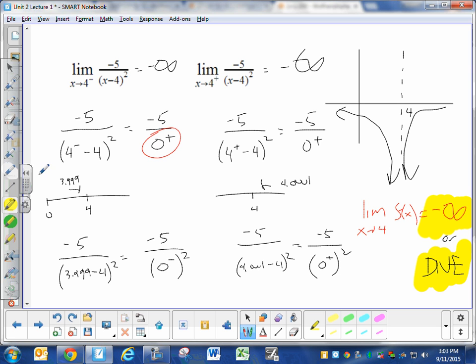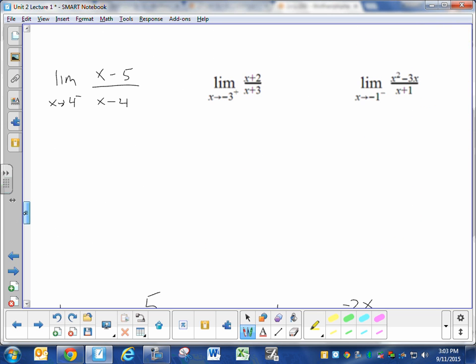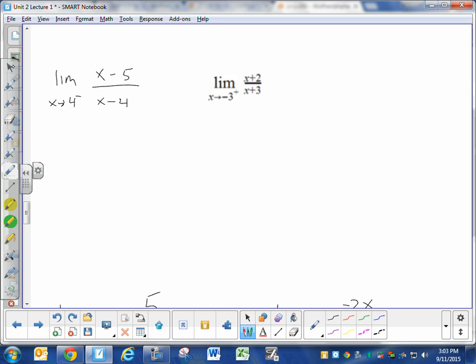Okay, let's do another. Here's a good one to do. I'm going to show you the first one. You're going to do the second one as practice. It's an important one to show because now we have x in both the numerator and the denominator.